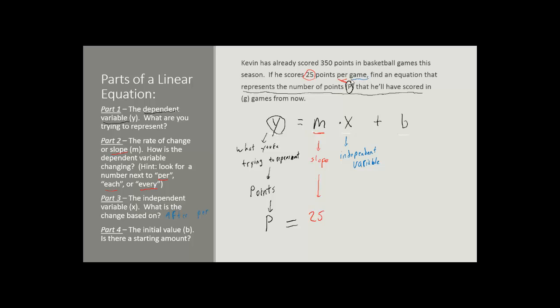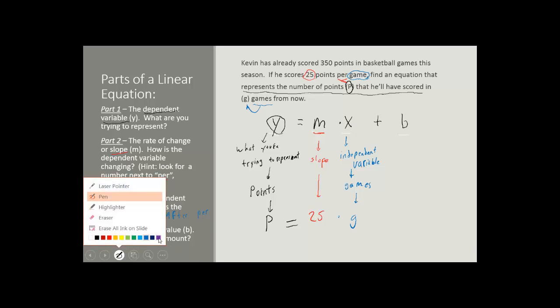That's right here. The word after per is the games. So the independent variable is the games. And in the last sentence of the problem, it says that games is represented by the letter G. So instead of writing x, let's write G.